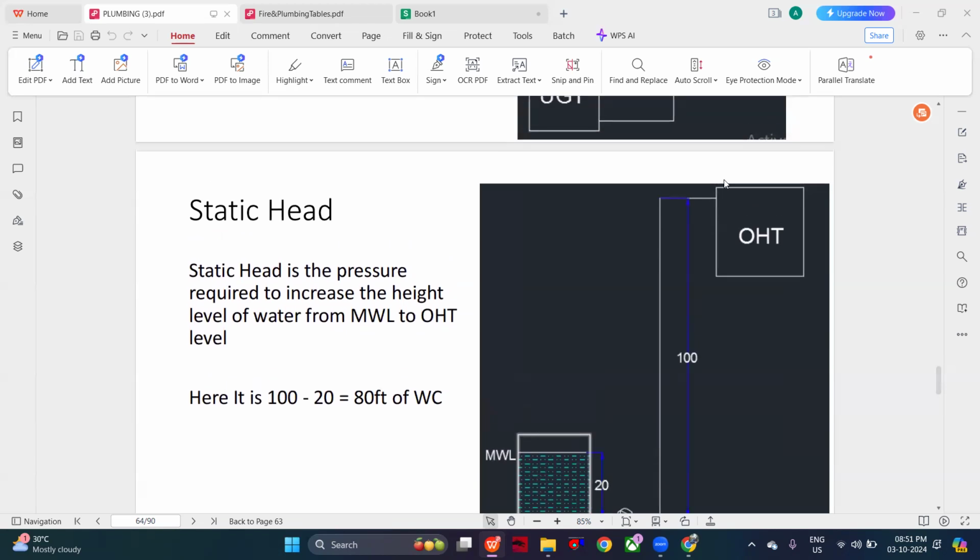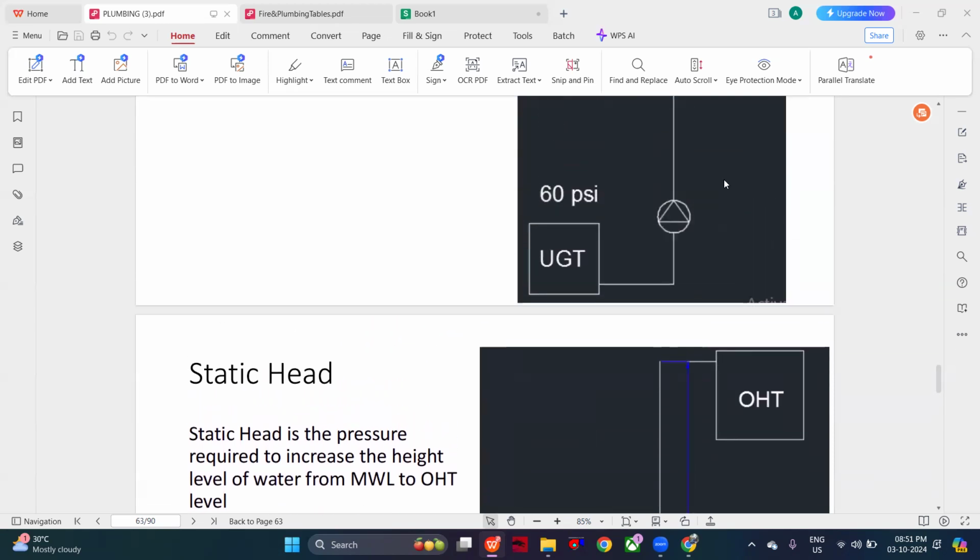Now we have to move on to static head. What do you mean by static head? Where am I going to find out the static head? On a horizontal pipe or a static pipe? Where do I have to find out the static head?